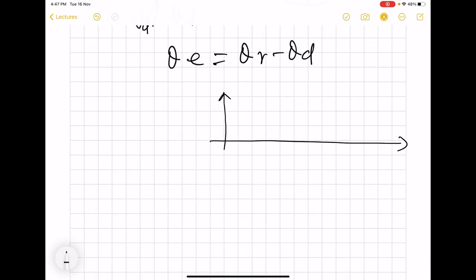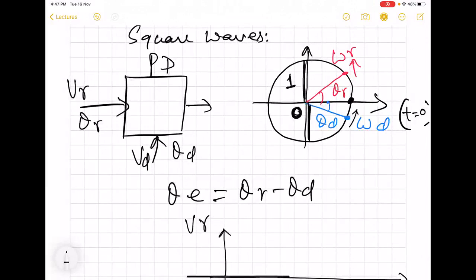So here we have theta, and first we are going to plot VR. So VR is already 1 at t equal to 0. In fact, it became 1 a moment before t. That means in negative t it is 0, and then it will remain 1 for a significantly large duration.